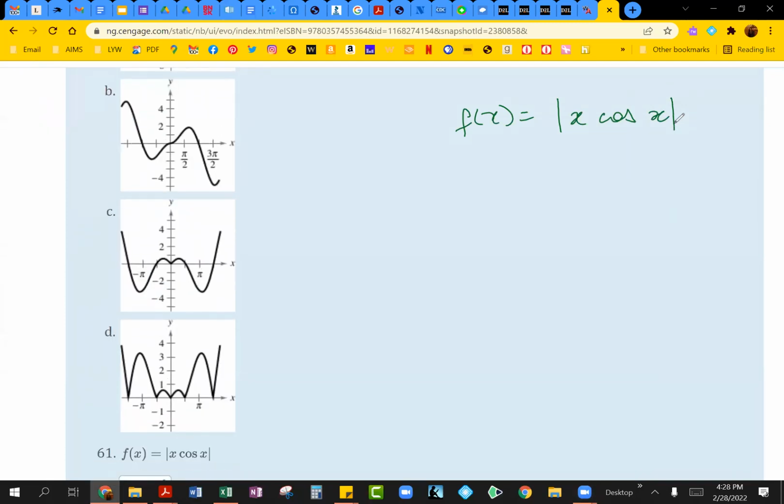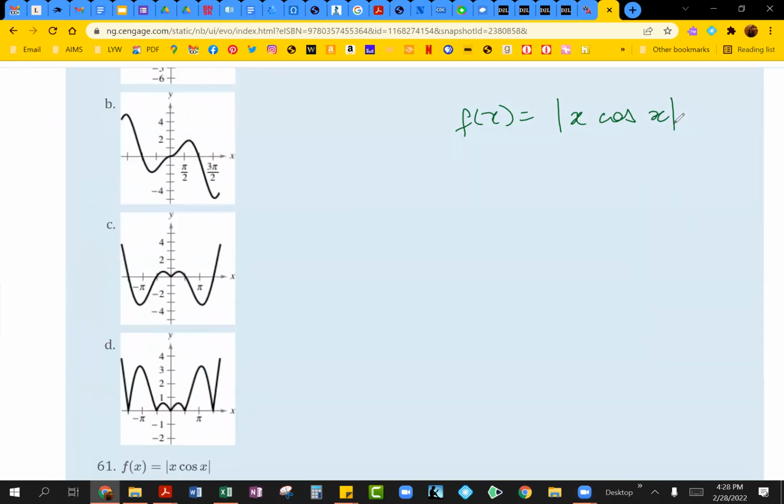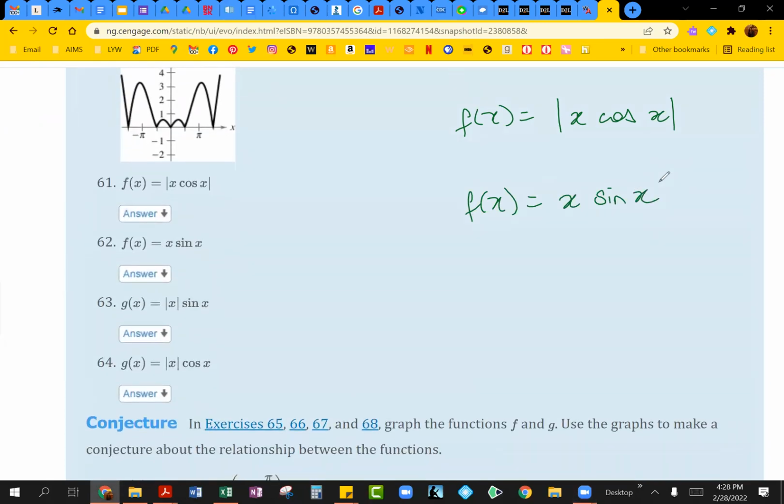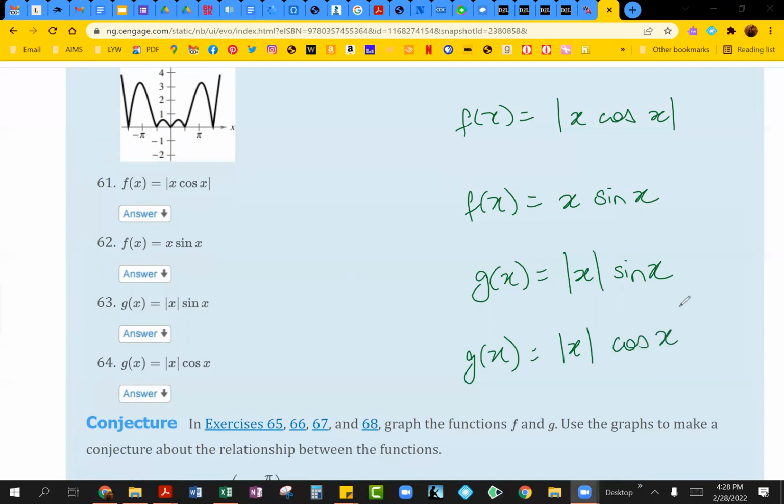Okay, so that's one function, x times sine of x. Absolute value of x sine of x, and then the last one was absolute value of x cosine of x. Okay, there we go.